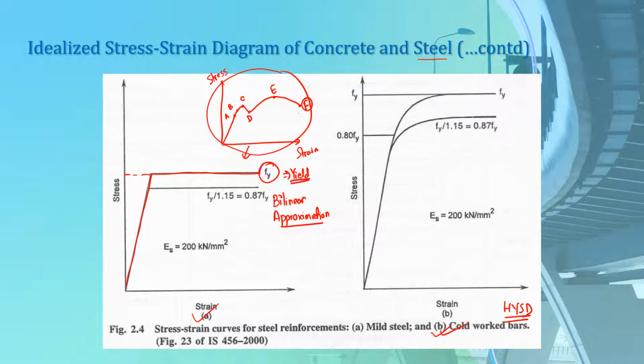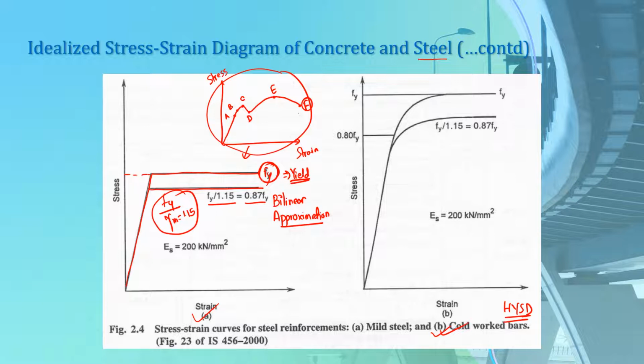So if Fy is the value of yield stress in our steel, we will divide this yield stress by the partial safety factor for the material of steel, which is equal to 1.15. So if you divide Fy by 1.15, you will get 0.87 Fy. Now this will be our design curve for mild steel.